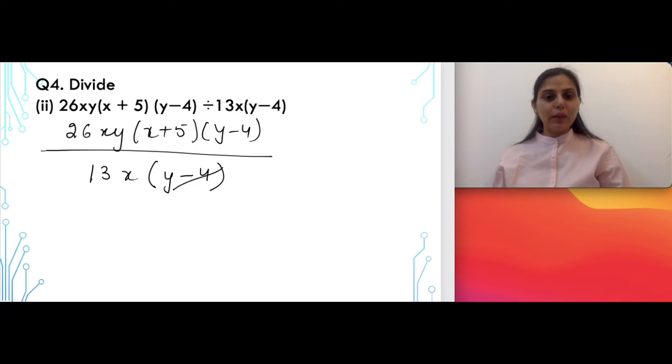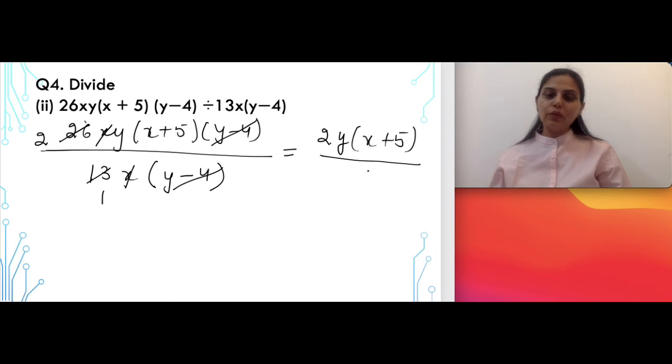So here y minus 4 and y minus 4 can be cancelled. 13 ones are 13 and 13 twos are 26, so 26 can be cancelled, and x can be cancelled with the x in the numerator. So in the numerator you are left with the terms 2y and x plus y, and in the denominator you are left only with 1. If the denominator is 1, we can also write the answer as 2y(x plus y).